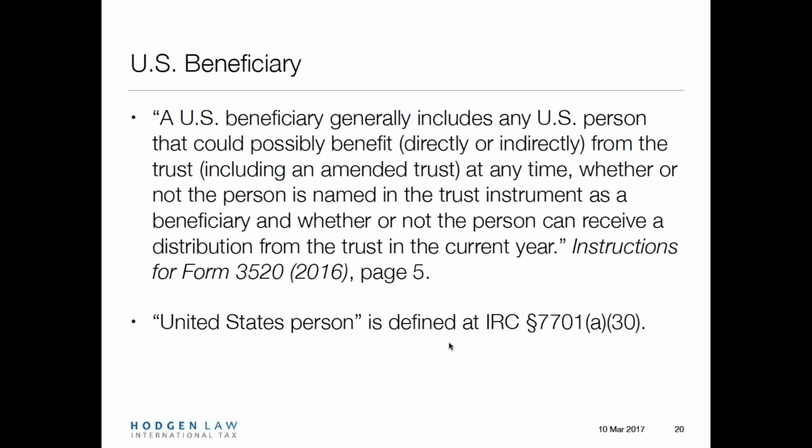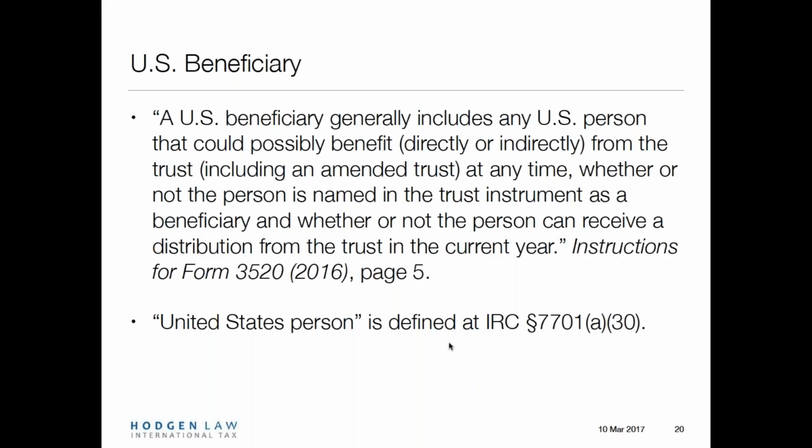So, slide 20. What's a U.S. beneficiary? I've quoted the words from the instructions to Form 3520. And it says, a U.S. beneficiary is a U.S. person who could possibly benefit from this trust. Most foreign trusts that I've ever seen have a clause in there that gives the trustee and possibly some other person the power to amend the trust to add or delete beneficiaries, sometimes with limits and sometimes without.